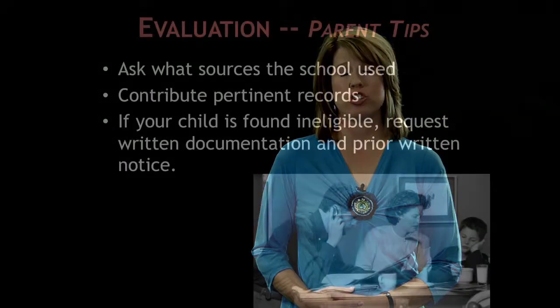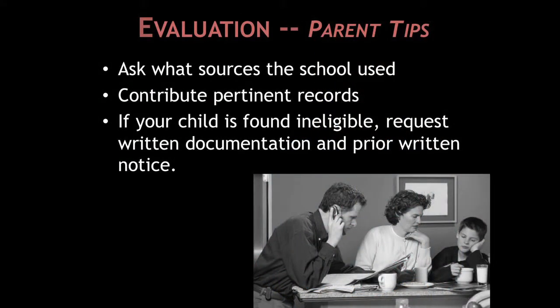The review process allows the team to determine if the chosen accommodations have been successful or if changes are necessary. It's important as parents to ask questions and feel informed as your child goes through the eligibility process. It is always okay to ask what sources the school used in determining eligibility.